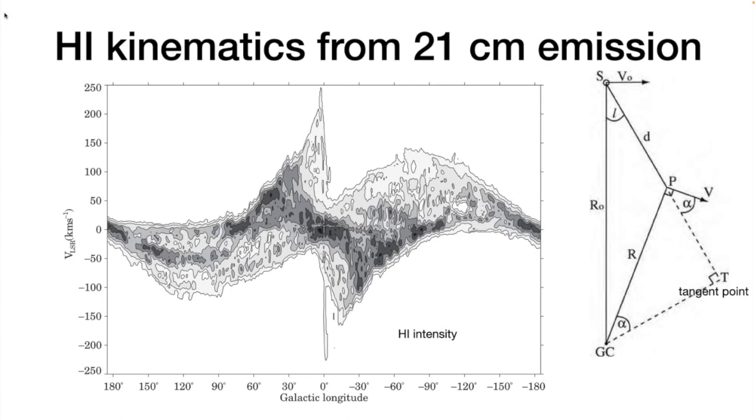If you have a star whose distance you know, things are easy because you know d. But the problem with using stars in the Milky Way plane is what? Obstruction by dust. You cannot really see far. But this 21 centimeter line is a great thing because you don't see any absorption there.